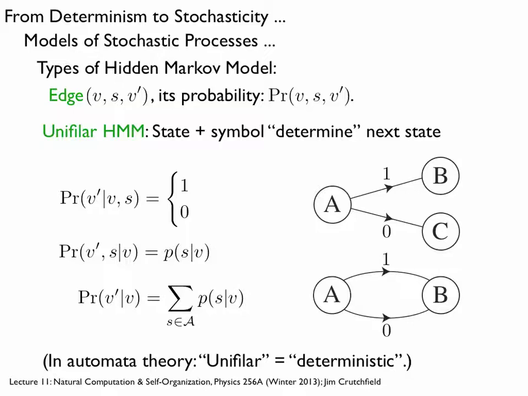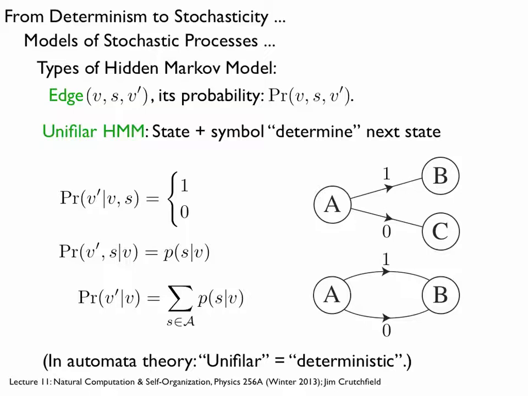Unifilar means that if I'm reading a binary sequence, I follow a unique state path. So think filament. That's the sense of unifilar. Or if I generated a sequence, there's a mapping, not too complicated a mapping, between the state sequence and the sequence generated.